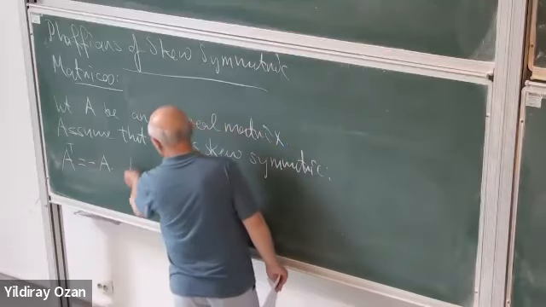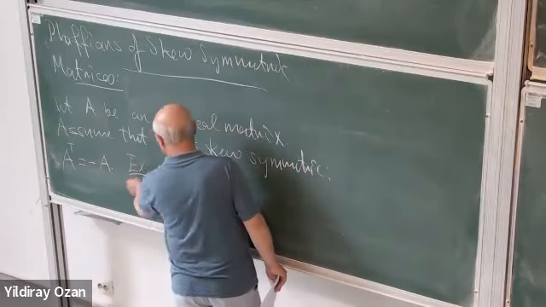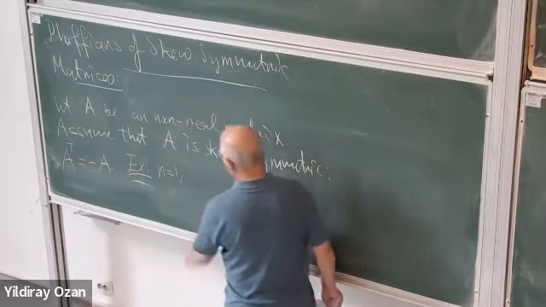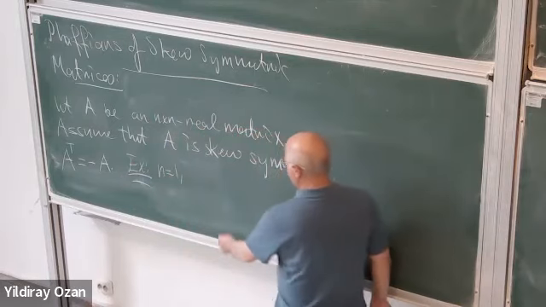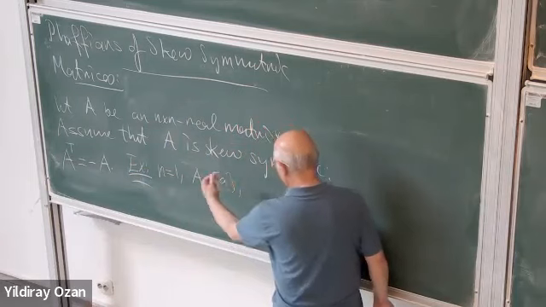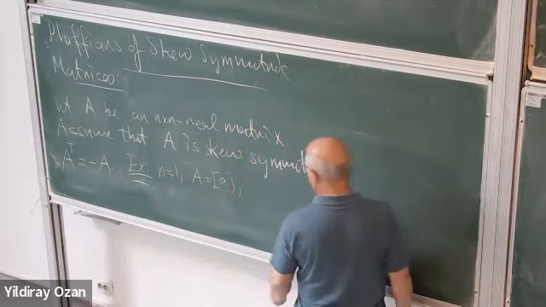Let's see some examples. If A is 1 by 1, A is something like this. Its transpose, of course, is equal to itself.